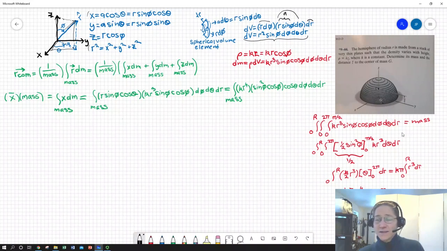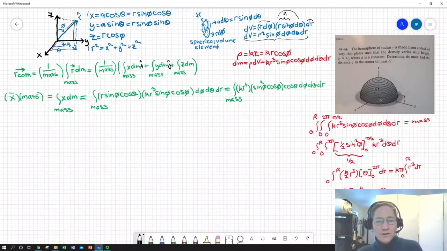This is good practice, because the first thing we're going to need for the radius vector to our center of mass is the actual mass of the hemisphere. And so we're going to go 1 over that mass and then multiply that by our radius vector integrated over the whole mass with respect to dm. Because we can express our radius vector in its components, I'll put some unit vectors on here.